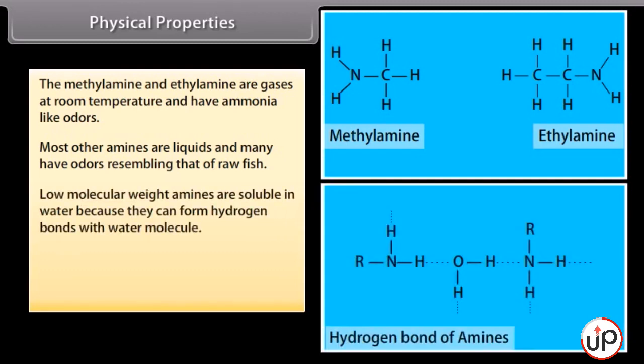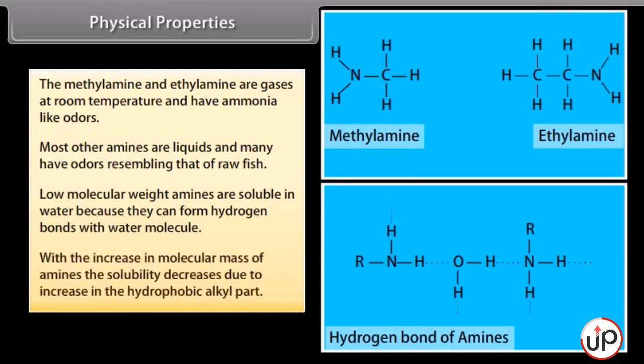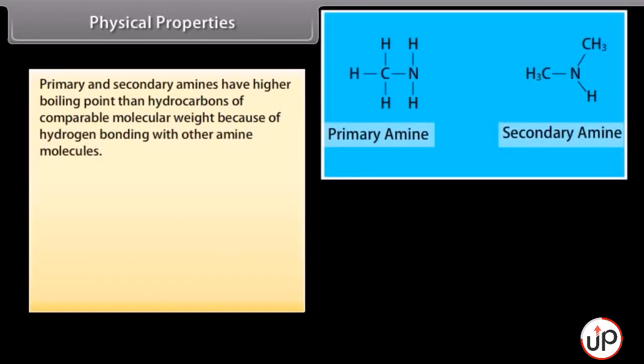Low molecular weight amines are soluble in water because they can form hydrogen bonds with water molecules. With the increase in molecular mass of amines, the solubility decreases due to increase in the hydrophobic alkyl part. Primary and secondary amines have higher boiling points than hydrocarbons of comparable molecular weight because of hydrogen bonding with other amine molecules.